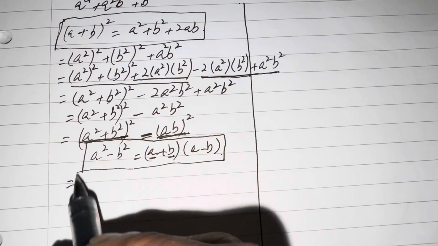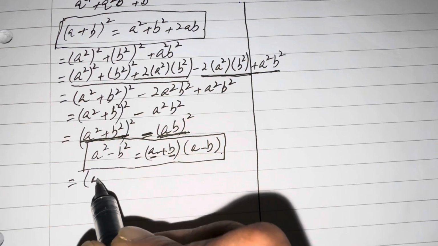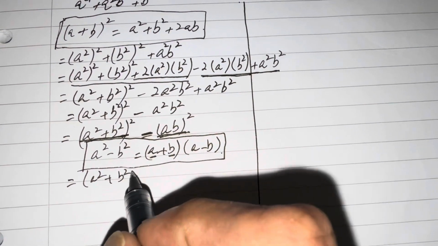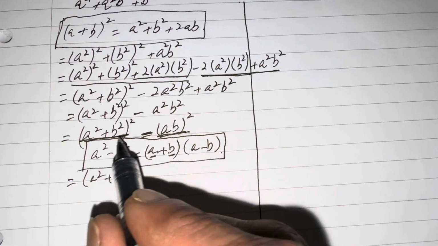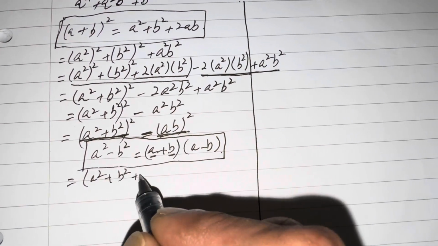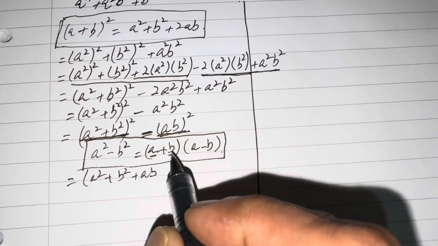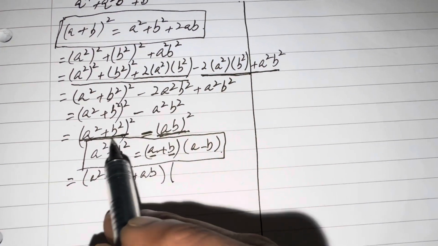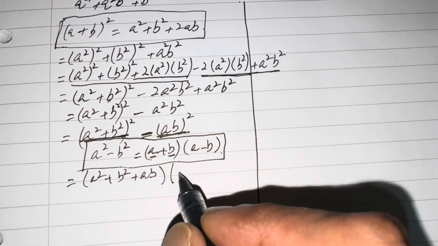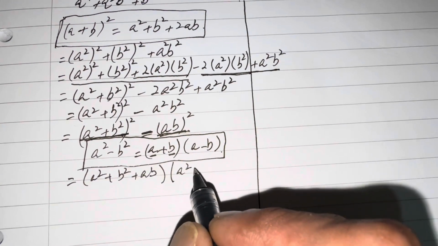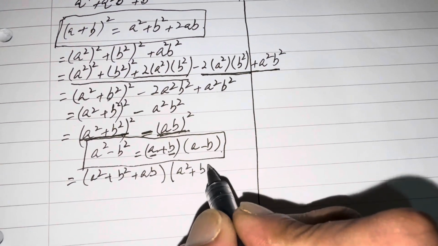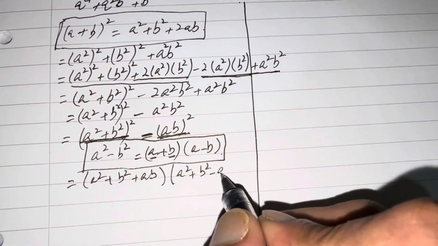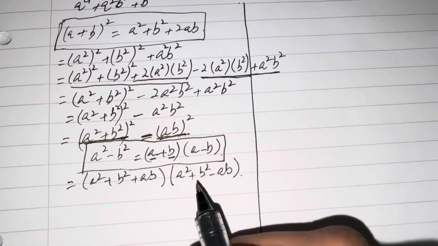So first, here you have a square plus b square, first plus second plus ab, into first minus second, a square plus b square minus ab.